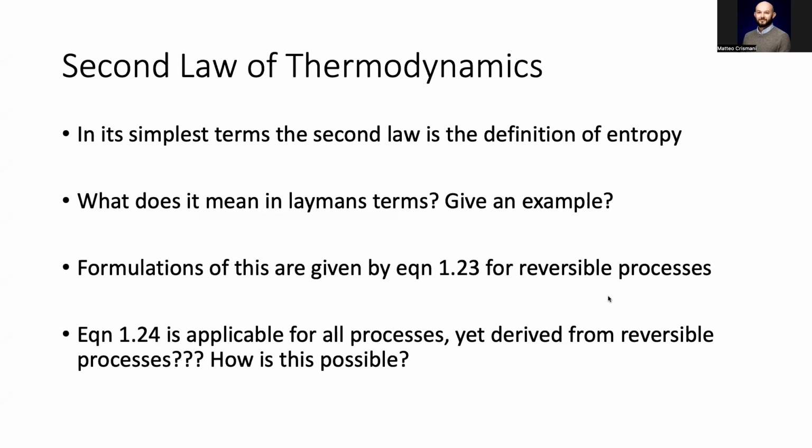Yeah, yeah. So this is about the arrow of time, right? The simplest way, the conceptual way of thinking of the second law is that things move from an ordered state to a disordered state, or that this quantity that we're going to define as entropy always increases, okay?